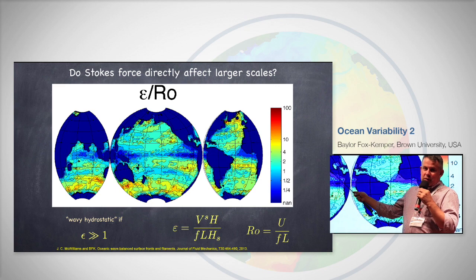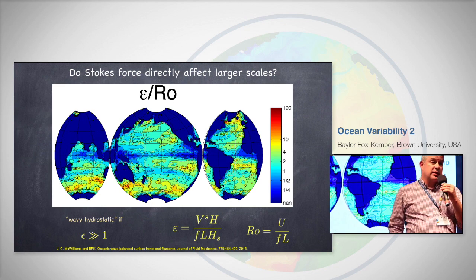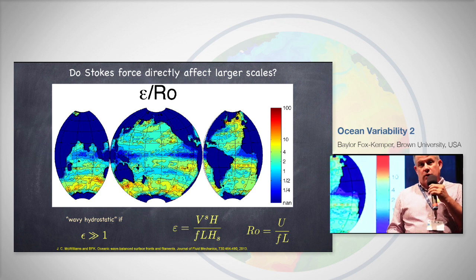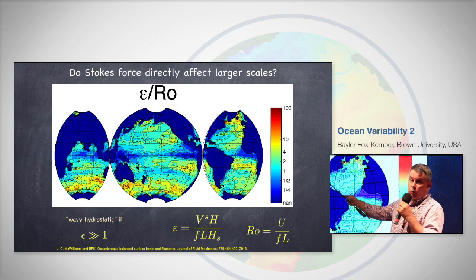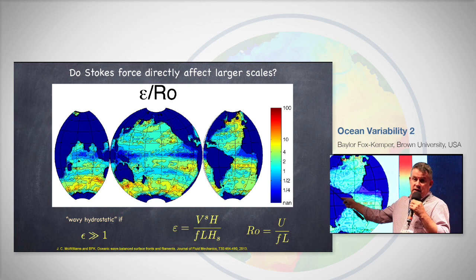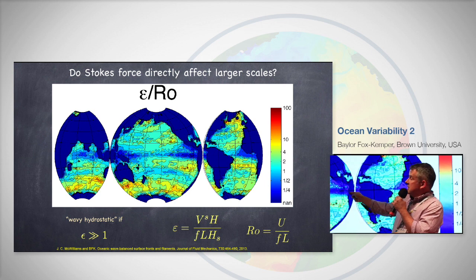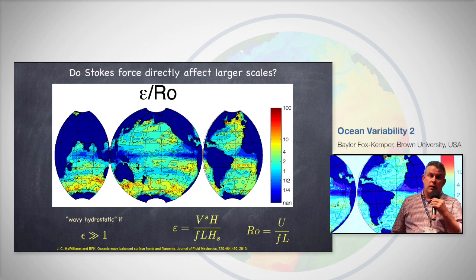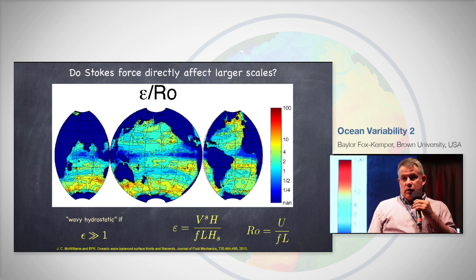Okay, why am I comparing to the Rossby number? One, remember we said that was the thing that says you are safely mesoscale or submesoscale. When this is order 1, that means you're submesoscale. When it is smaller than 1, you're safely mesoscale. So I'm basically asking, are waves more or less important for the submesoscale than the Rossby number?